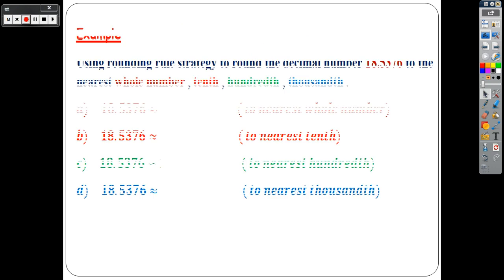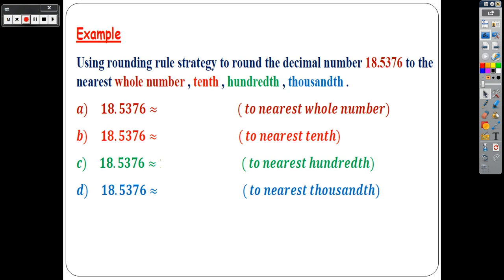Now listen to me. Start to solve this example by using this rule. Use the rounding rule strategy to round the decimal number 18.5376 to the nearest whole number one time, to the nearest tenth another time, to the nearest hundredth another time, and to the nearest thousandth.